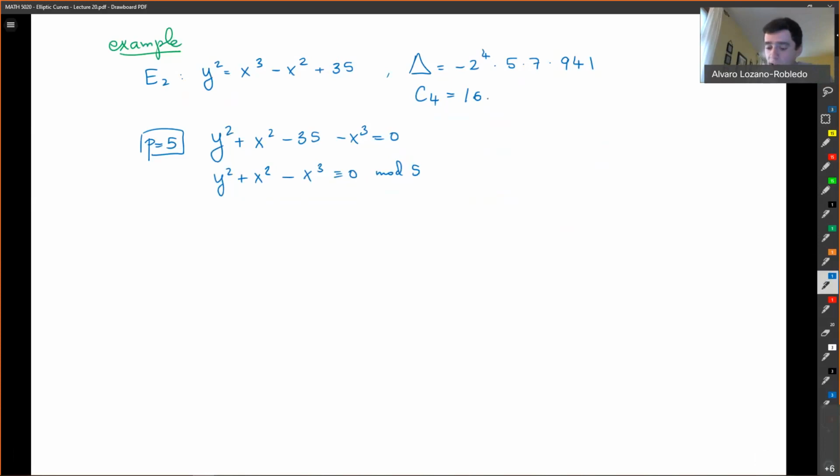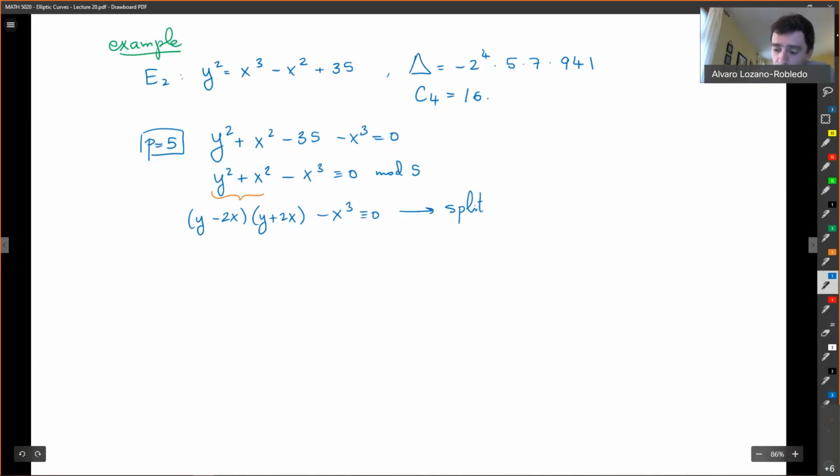Then you try to factor this over F5. And what do I get? I get (y minus 2x)(y plus 2x) minus x cubed congruent to 0. Because minus 1 is a square mod 5, I'm able to factor it, and then I have a split multiplicative reduction. So bad split multiplicative reduction at 5.